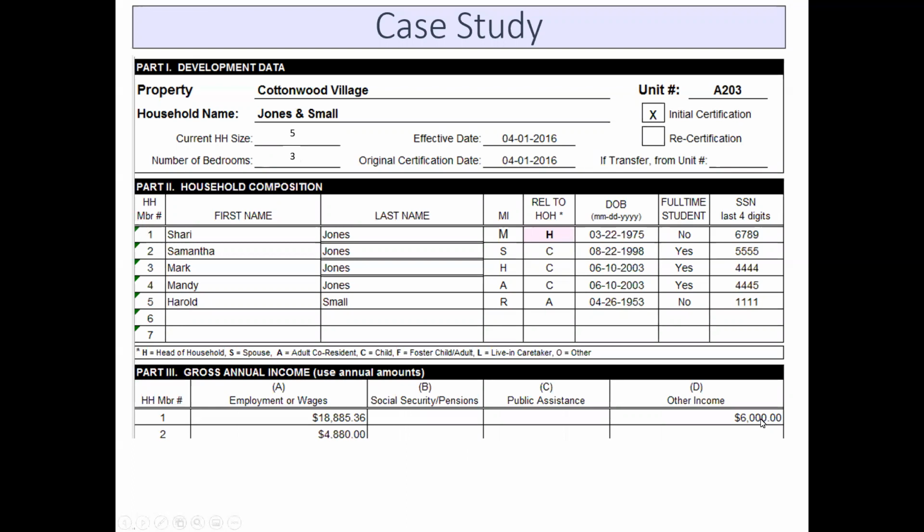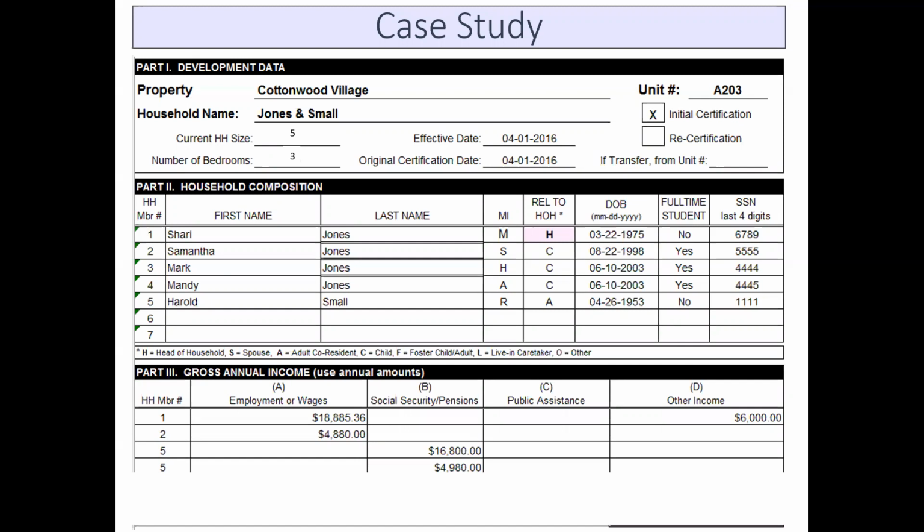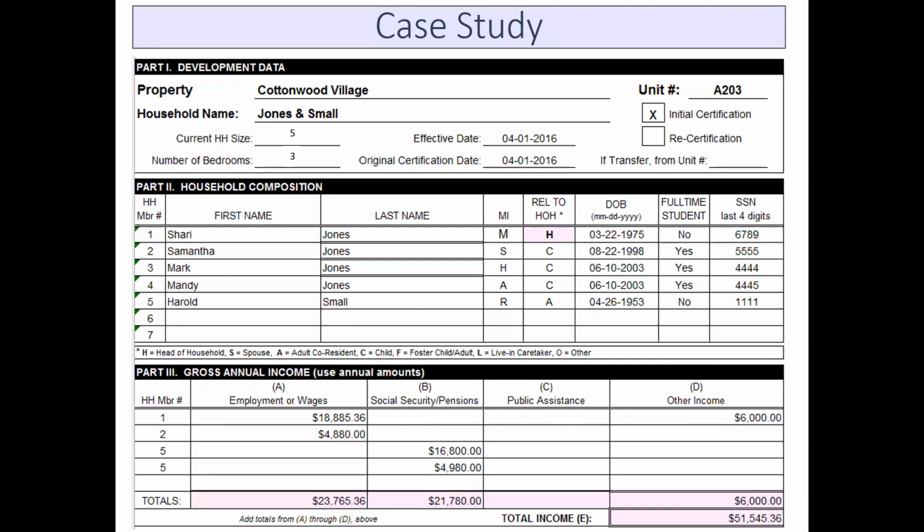We have Sherry's child support listed under other income. We have Harold's Social Security and his pension. And once you fill those dollar amounts in, the area kind of shaded pink on my screen will fill in automatically. So total household income, $51,545.